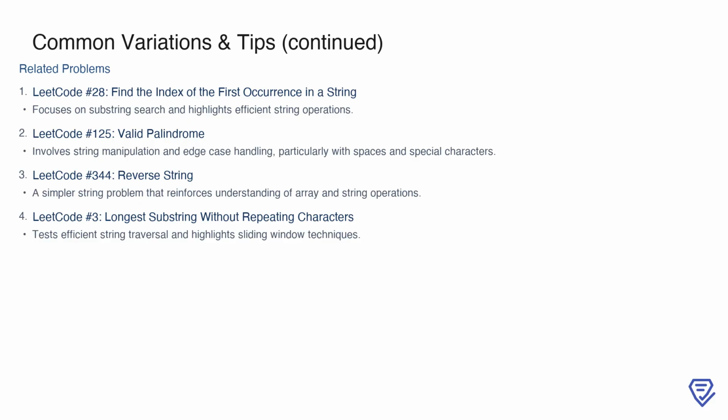Similarly, LeetCode number 344, reverse string, is a simpler problem that strengthens your grasp of string and array manipulations. Finally, LeetCode number 3, longest substring without repeating characters, introduces sliding window techniques, which are useful for optimizing string traversal. Studying these related problems can enhance your ability to recognize patterns and apply techniques across different challenges.